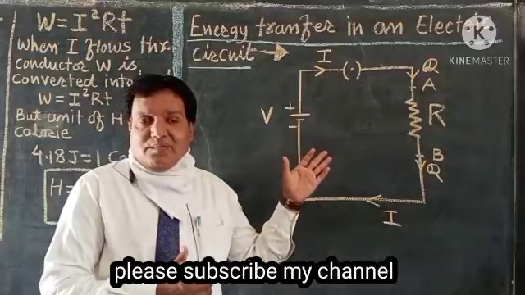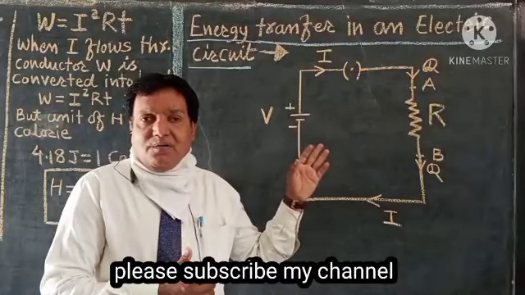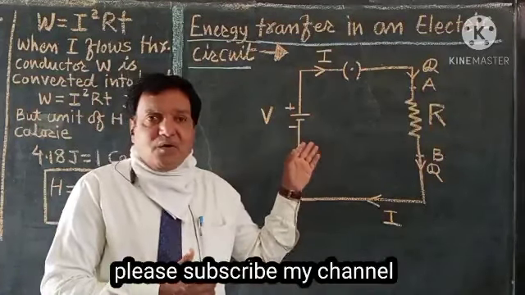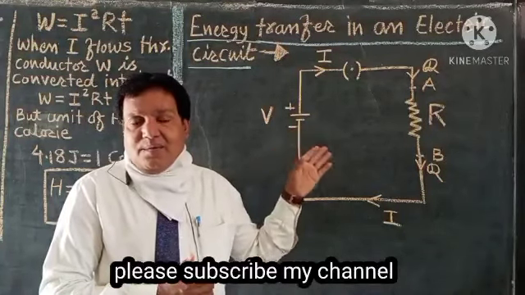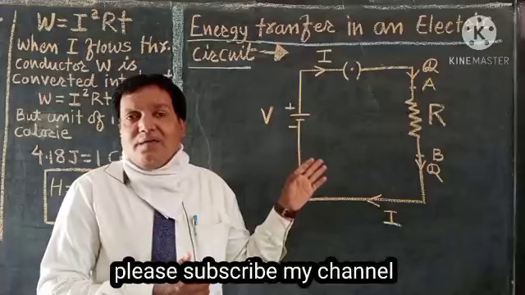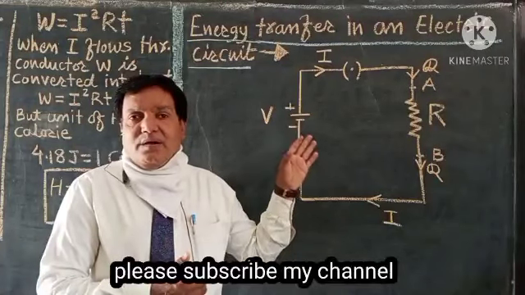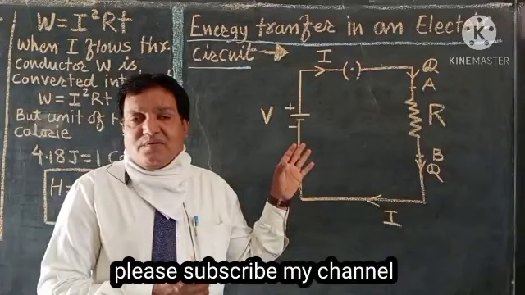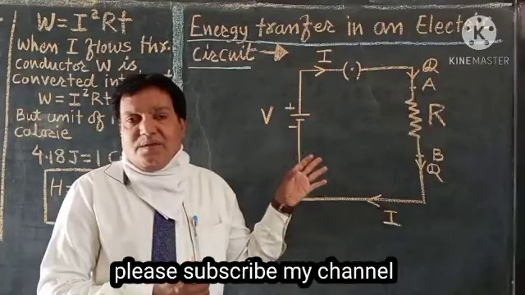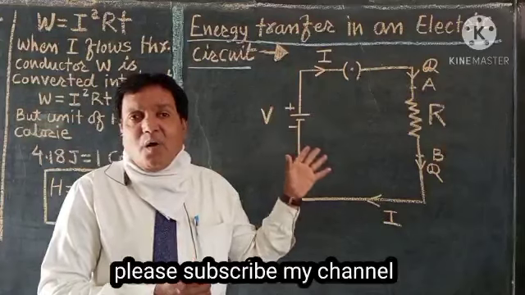That is the electric current, meaning charge per unit time. Electric current is denoted by I, and it is defined as charge per unit time, Q upon T, so I is equal to Q upon T.